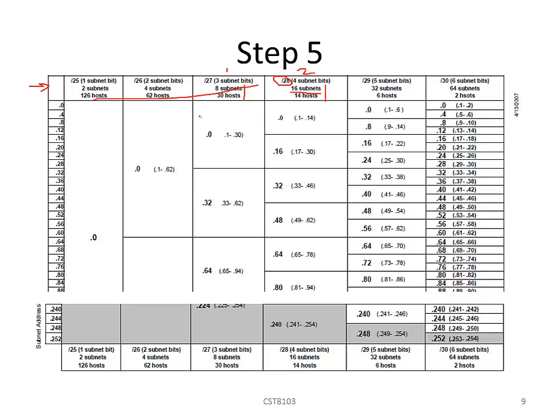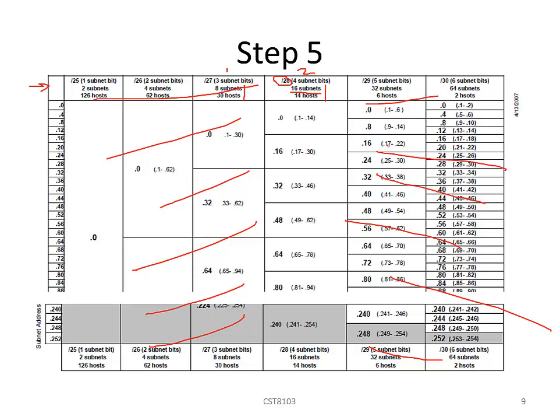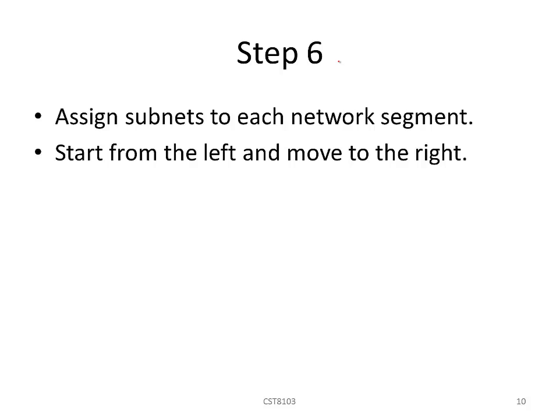Therefore, let's eliminate all columns that do not meet the requirements, and let's proceed to the next slide, which is step 6, which is to assign the subnets to each network segment.